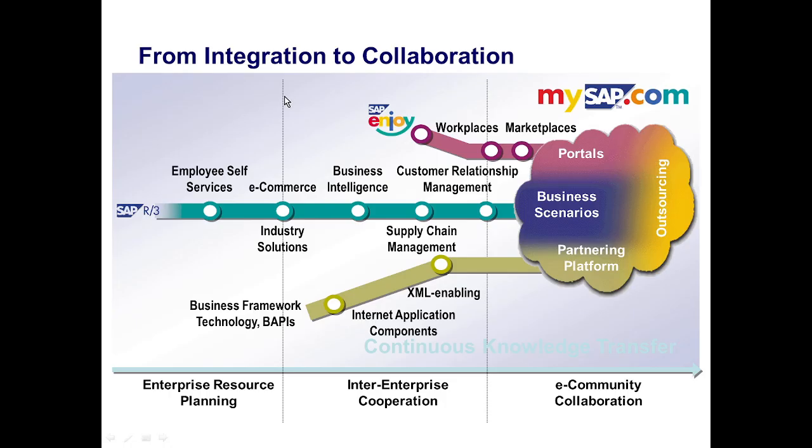If you look at the middle part, inter-enterprise cooperation using e-commerce, e-community collaboration is final. So we have to look from left to right: SAP R3, how it is extended to SAP Enjoy, SAP Enjoy to mysap.com suite.